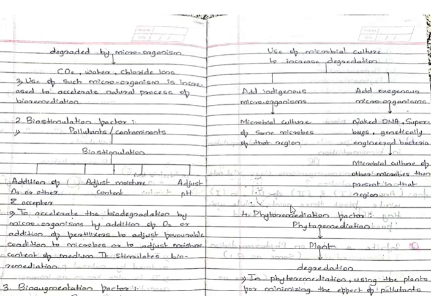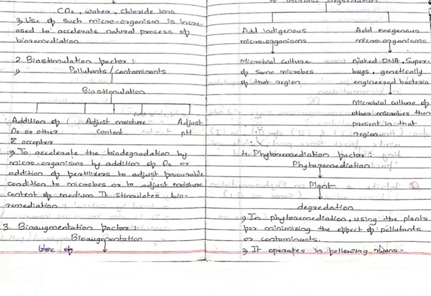So phytoremediation: phyto means plants, so by using plants the degradation will happen. Phytoremediation is the use of plants for minimizing the effect of pollutants or contaminants. In this process, plants are directly used for minimizing the pollutants or heavy metals.